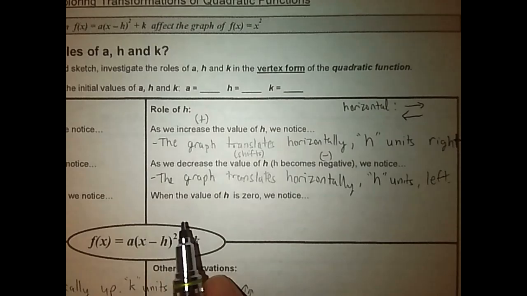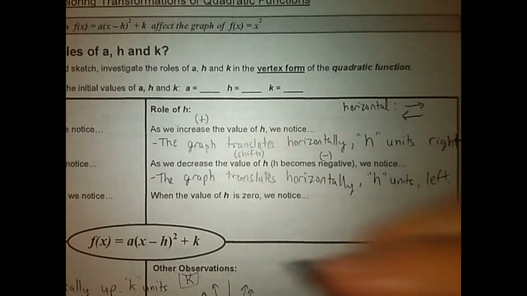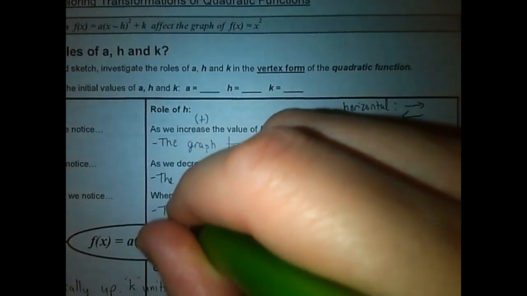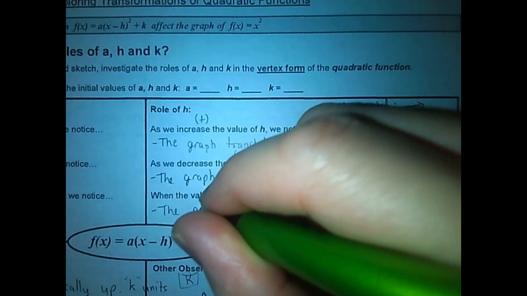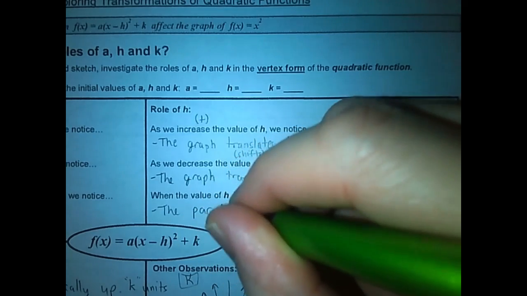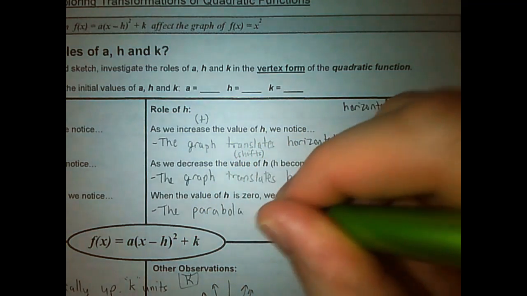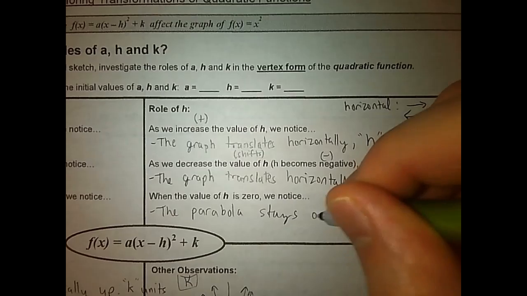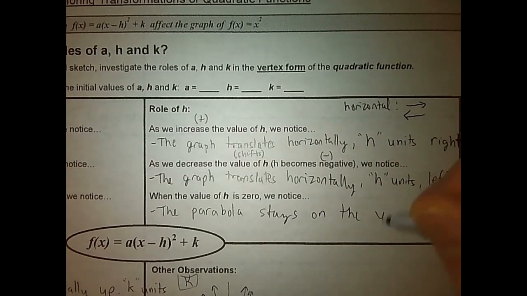And when the value of h is 0, we notice the parabola stays on the y-axis this time.